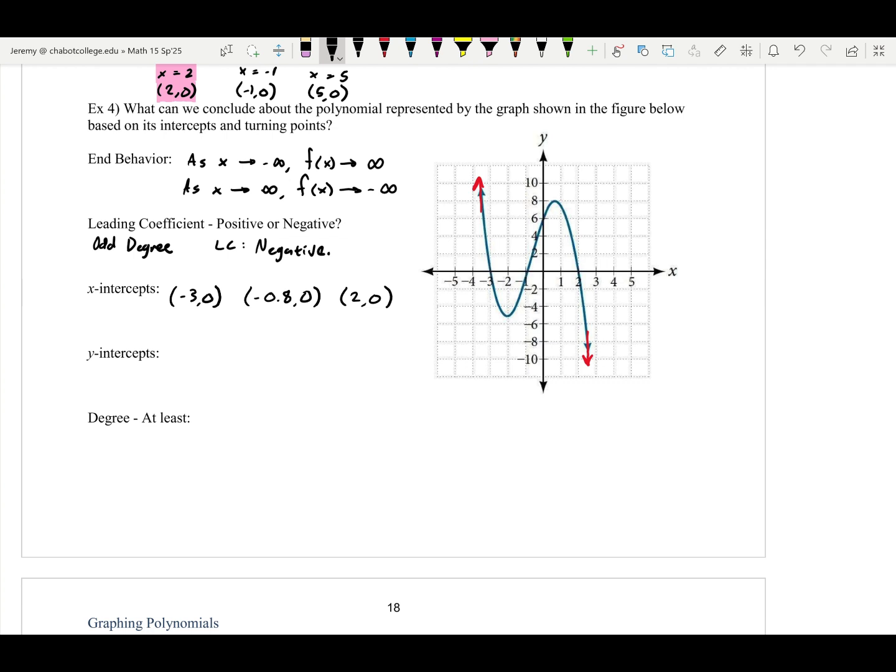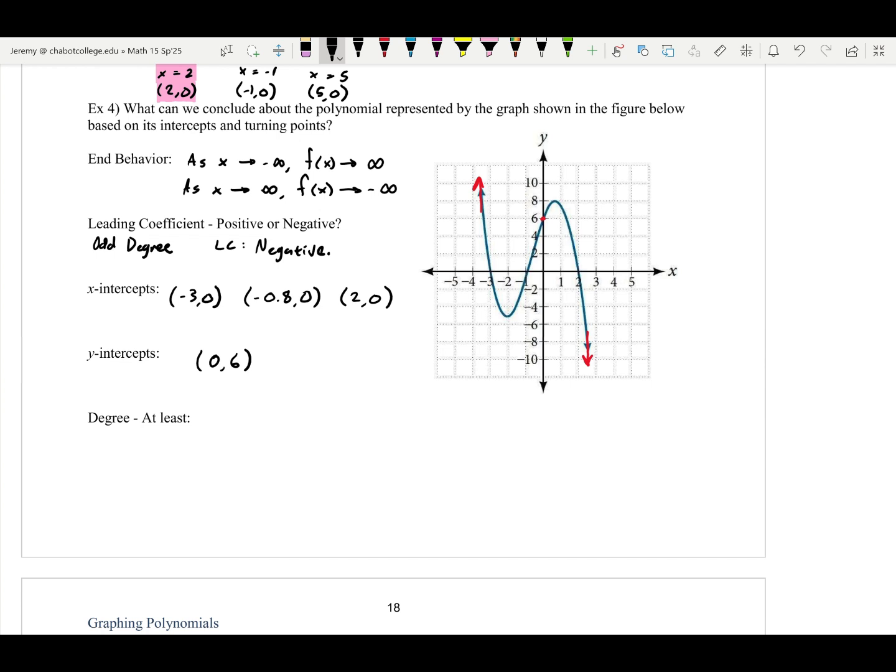Y-intercept, that's this point up here. And that looks like 6. It looks like we're intersecting the y-axis at y equals 6, so the y-intercept is going to be the ordered pair 0, 6. And here the x-coordinate is 0 because we don't travel horizontally at all to get to that point, just up 6.